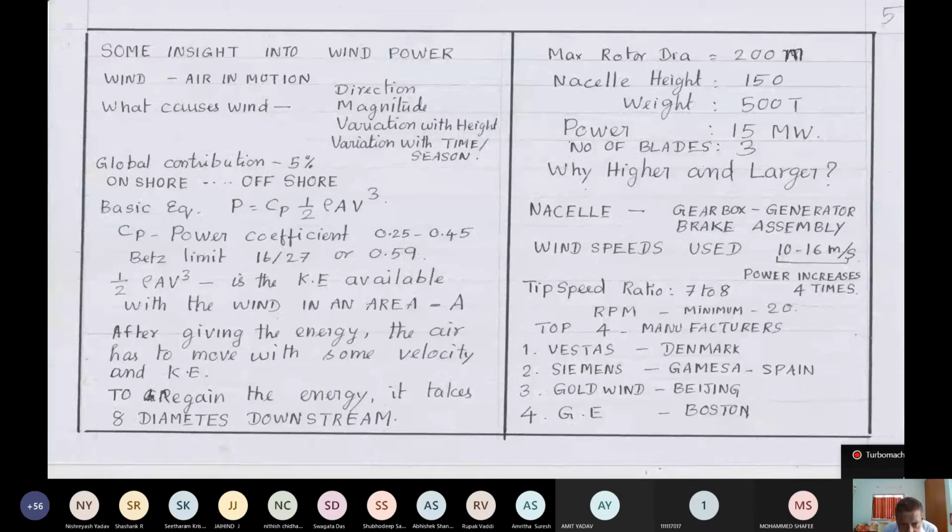From where will it regain? From the atmosphere, from the neighboring energy of a stream of air. So the whole thing, if so many wind turbines are there, on the downstream we can find out. Because the wind, initially in a large area of cross section, has some kinetic energy. And maybe for 5 kilometers you have a wind farm.